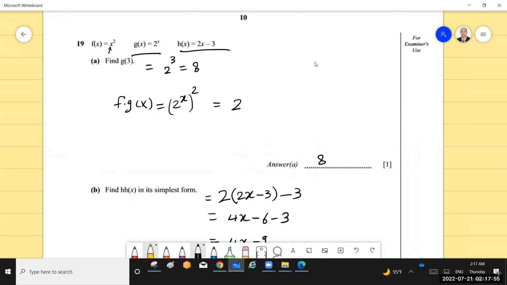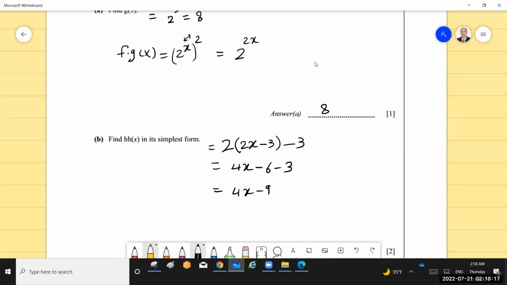So 2 power, you multiply the inner and outer power together, you have 2 to the 2x. This is the f of g of x. Again, the function f starting with x, don't write x, write the other function g instead of this x. So you have 2 power x all squared, it means 2 power 2x.